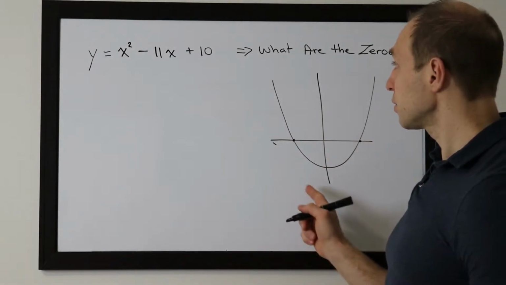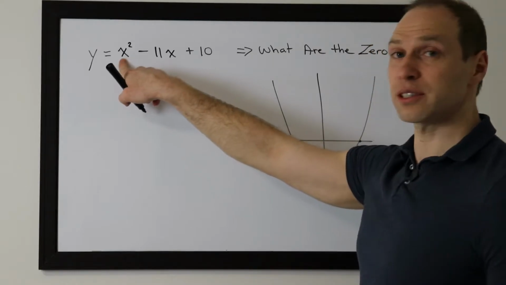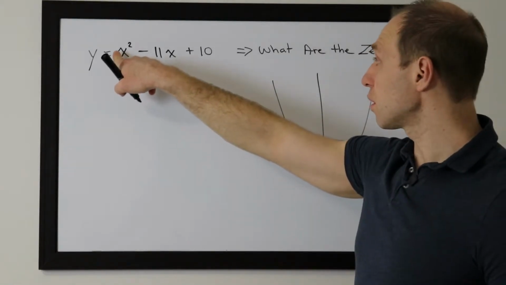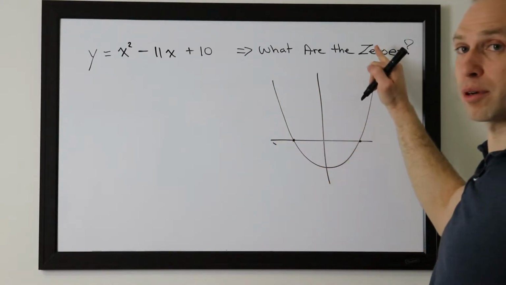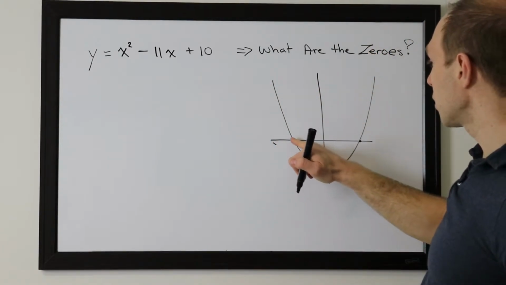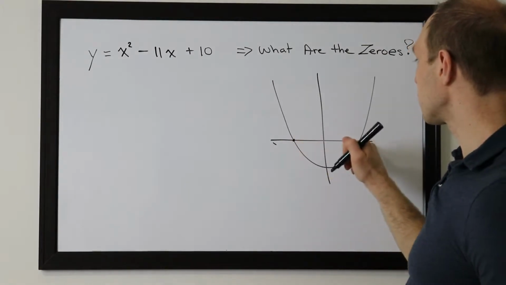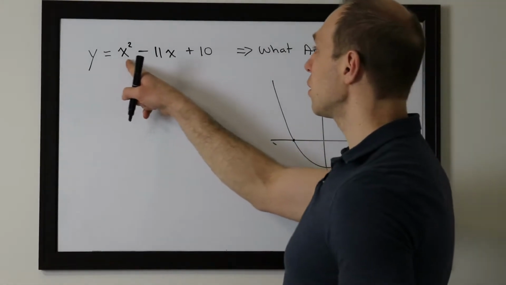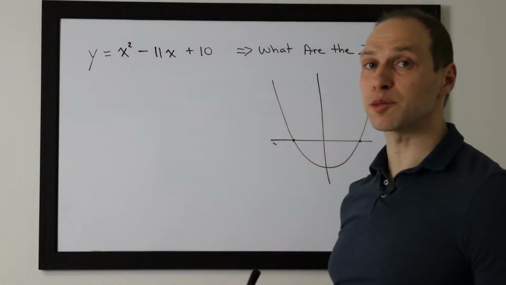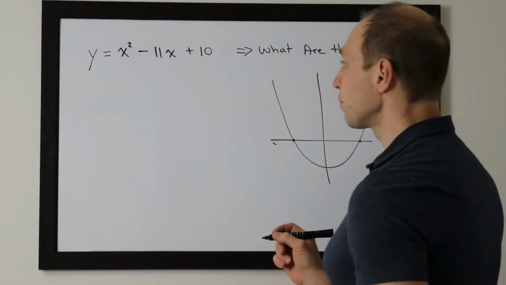And so in this case, we can see that if x squared is positive, our parabola is actually going to be facing up. And so it should cross our x-axis in two places, because we know that this is an expression that can be factored.